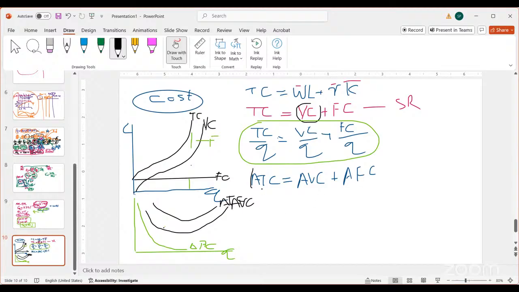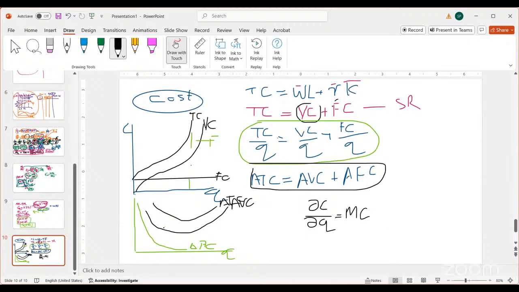Another component here: if you differentiate the total cost curve with respect to Q, you get the slope of the total cost curve. That's what we get as the marginal cost curve.